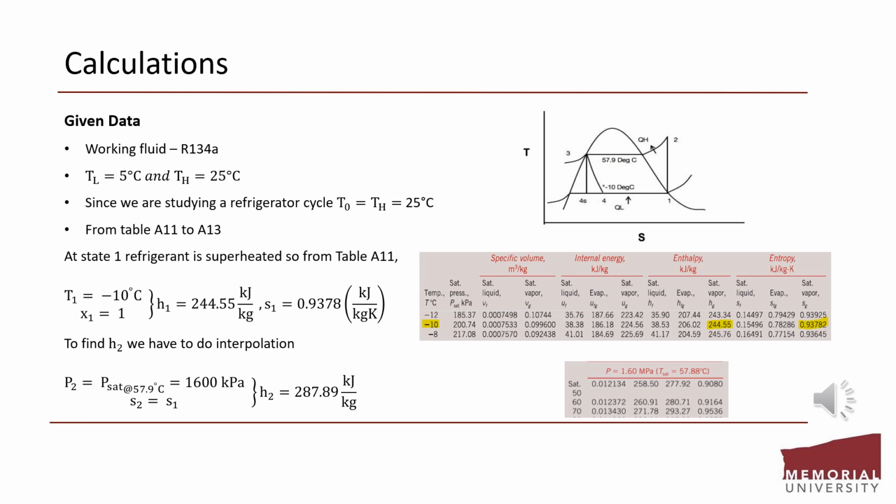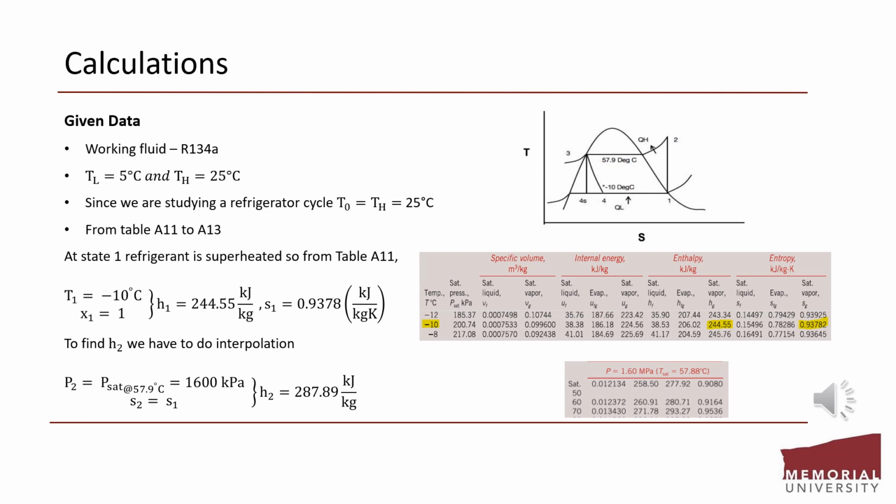As we can see from the figure, at minus 10 degrees Celsius, we have enthalpy of 244.55 kilojoule per kilogram and entropy of 0.9378 kilojoule per kilogram Kelvin.